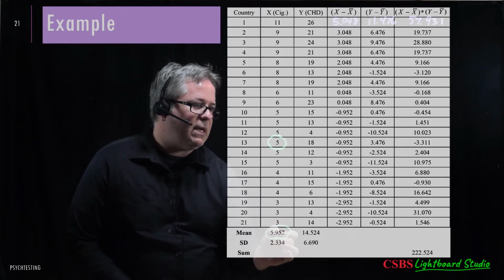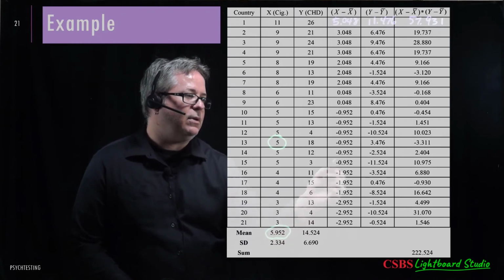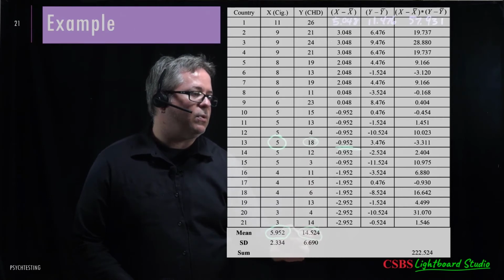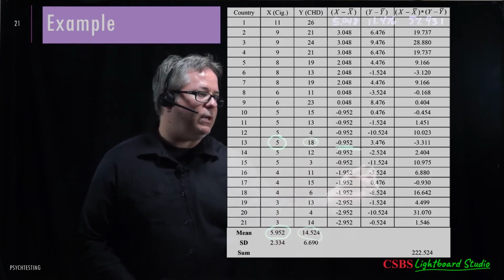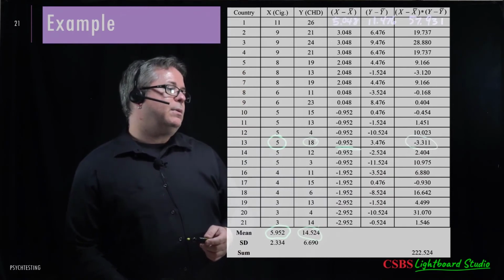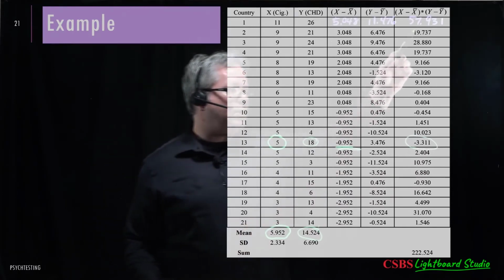Because that is below the mean, you get a negative number here. But their score for coronary heart disease deaths is actually above the mean. So their two scores are on opposite sides of the mean, which is why you're getting a negative product here. But as I look, there's a general trend.